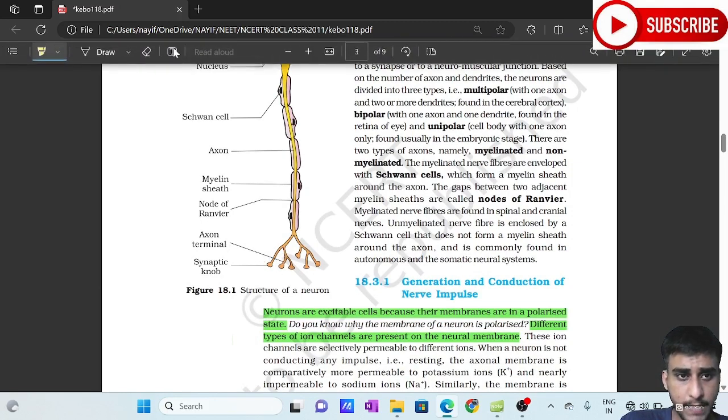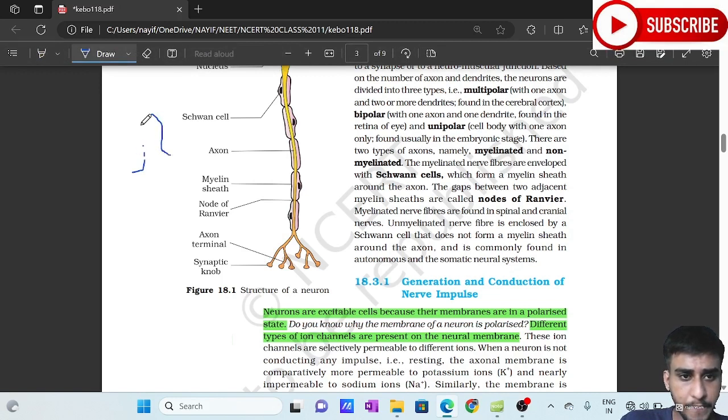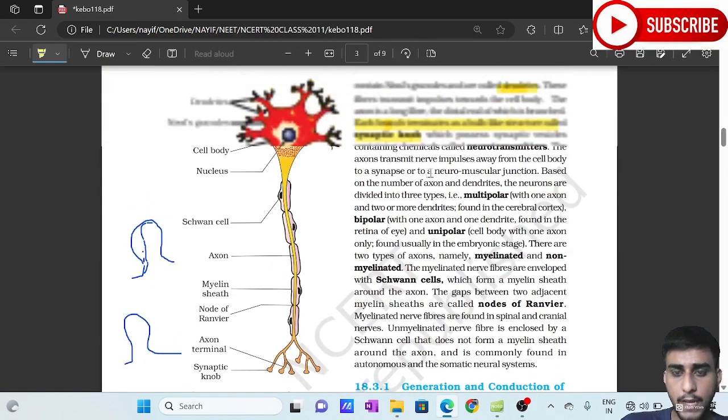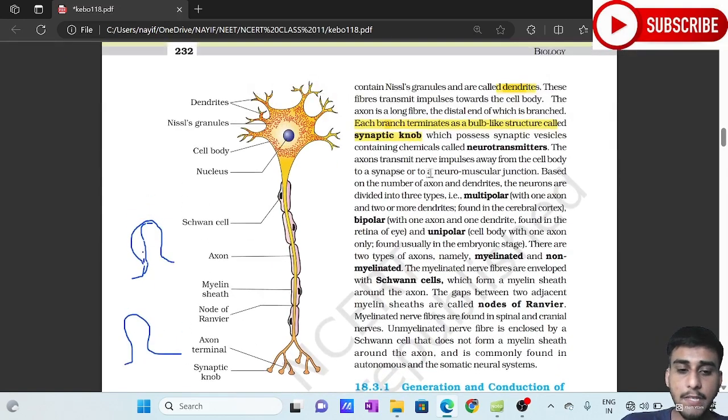Synaptic knob, look here. The cell ends with a synaptic knob. And what is a knob? A knob is actually a structure like this. Look, this is a knob-like structure. So each cell ends with a knob-like structure.